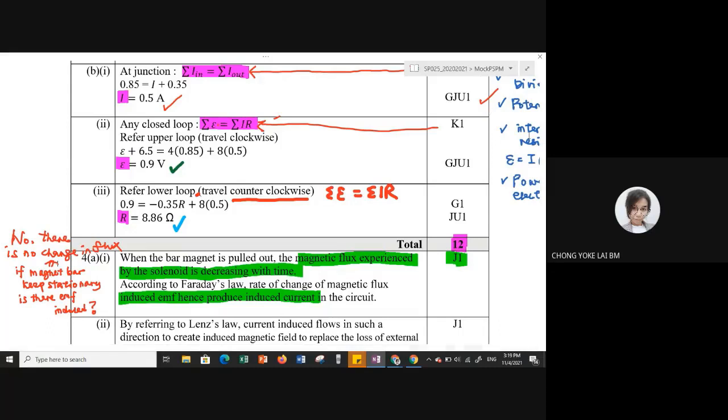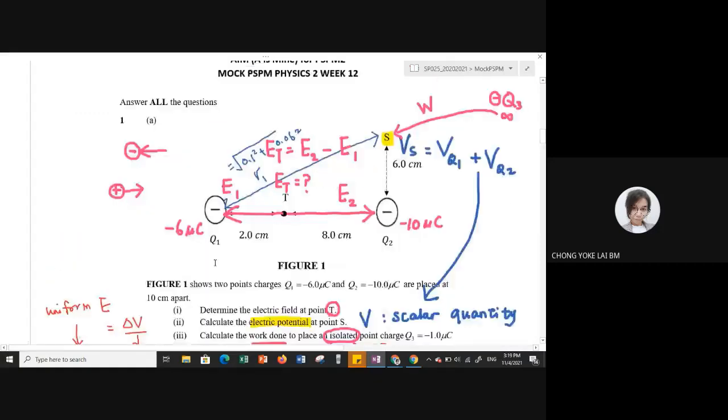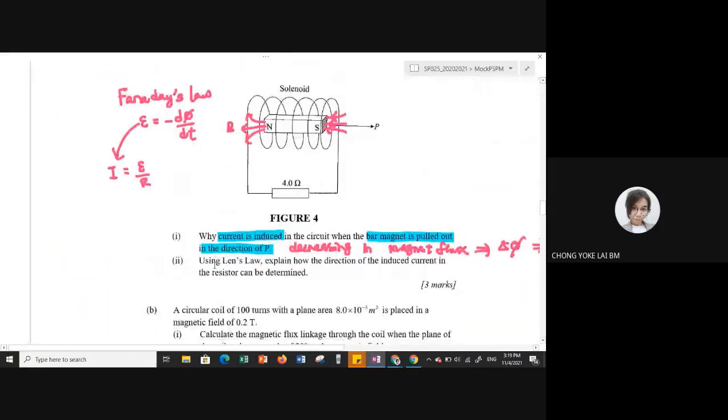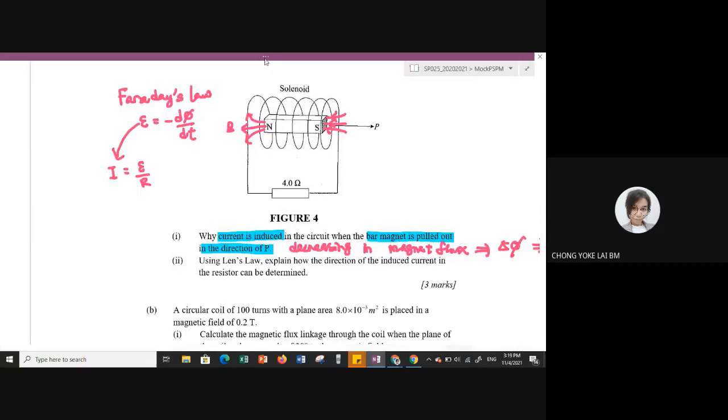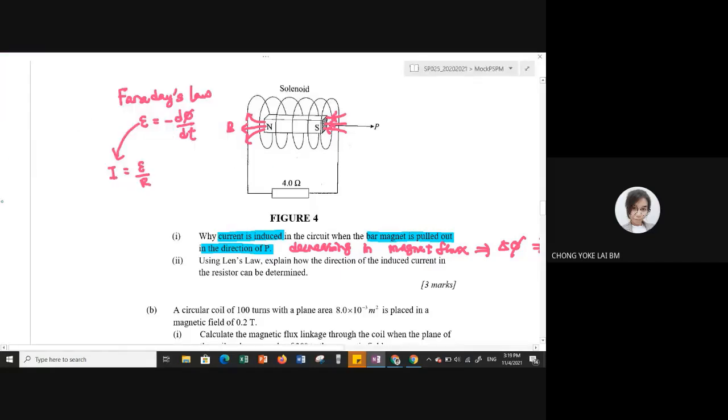Macam mana kita nak determine current induced dalam resistor? Ingat lagi apa yang kita belajar dulu? Kalau our flux is decreasing, kita akan remainkan kita punya right hand rules.